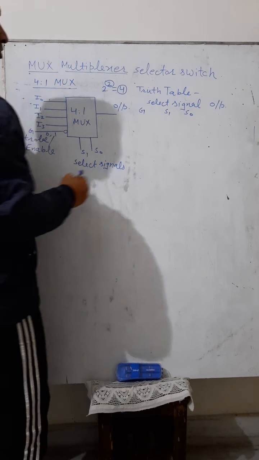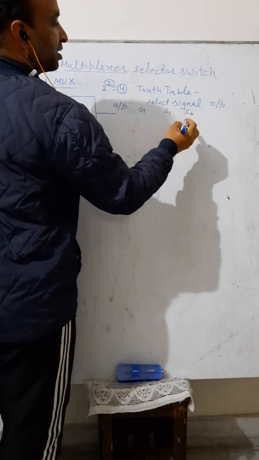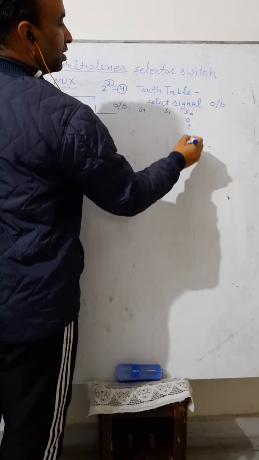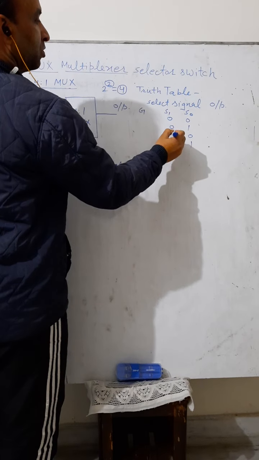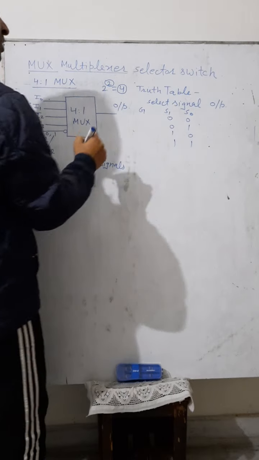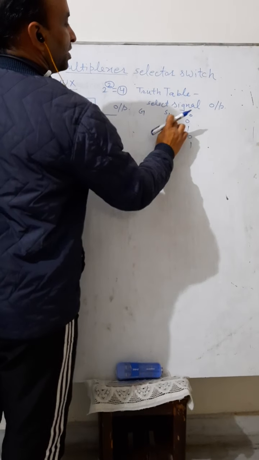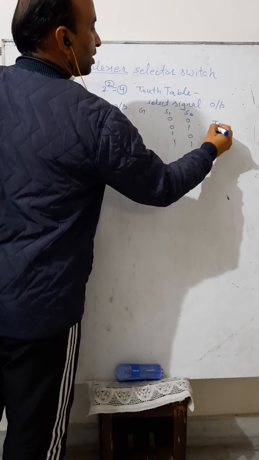Now, 2 select signals. So how many combinations are there? 0, 1, 0, 1. 0, 0, 1, 1. If it is 0, 0, then output will be I0.